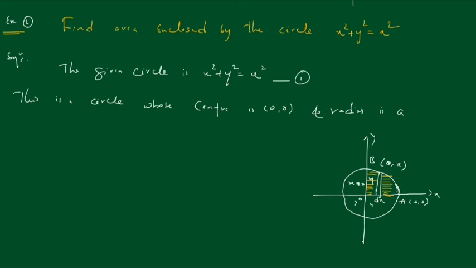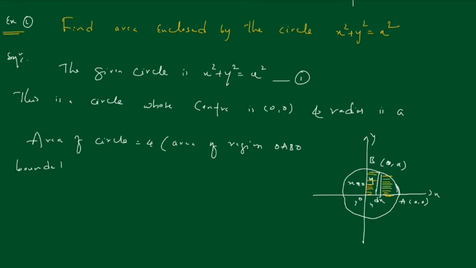Now the area of the circle equals 4 times the area of the region OABO.